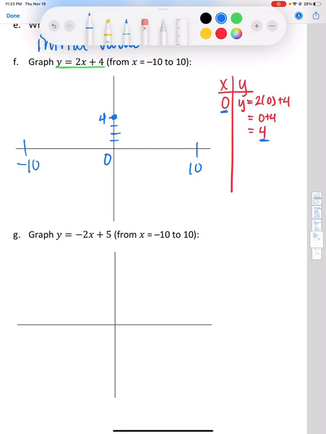My next point will be x is 1. So if x is 1, y is equal to 2 times 1 plus 4, which is equal to 2 plus 4, which is equal to 6. Okay, so I'm going to draw a couple more points up here for 6. And 1 is my x, so I'm going to plot 1, 6. Okay, let's do one more point, just make sure everything's good in the right direction. Let's do point number 2.